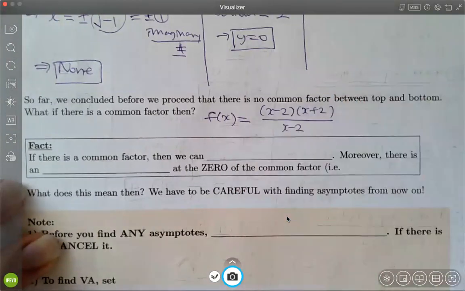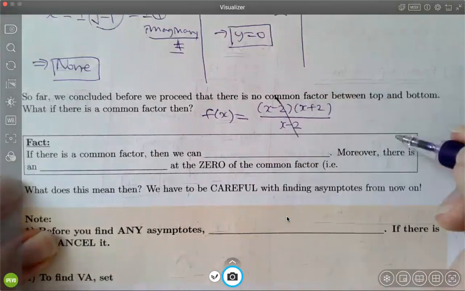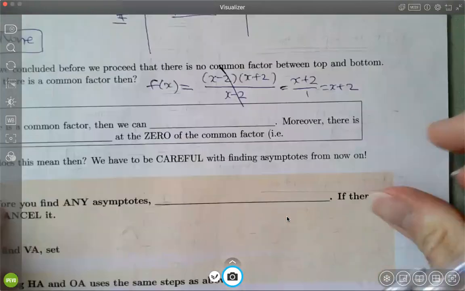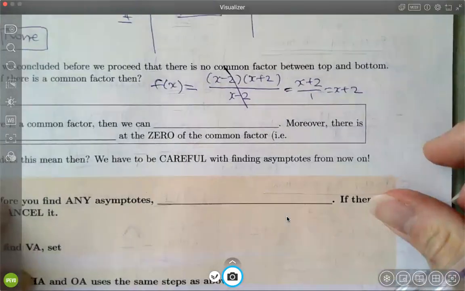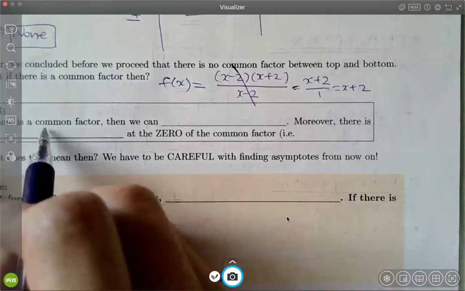Then there is a common factor, right? Which is x minus 2. So what do you do here? Just cancel them, right? And you just have what? x plus 2 over 1, which is equal to x plus 2, right?